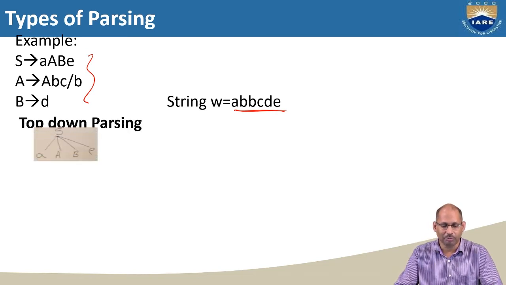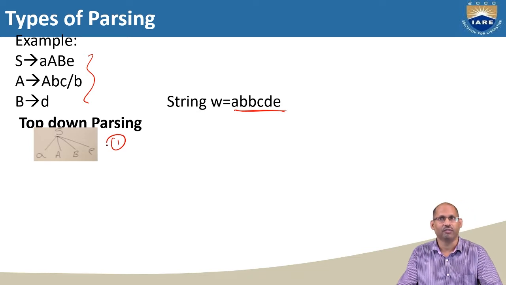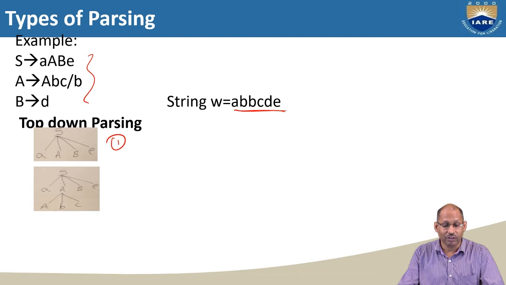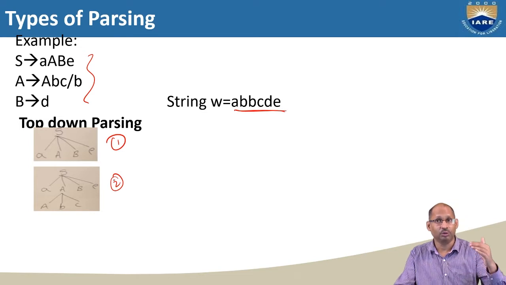In the top-down parsing method, first we are considering production number 1. Then we are expanding with the help of production number 2. So the root S is derived with the help of the first production.